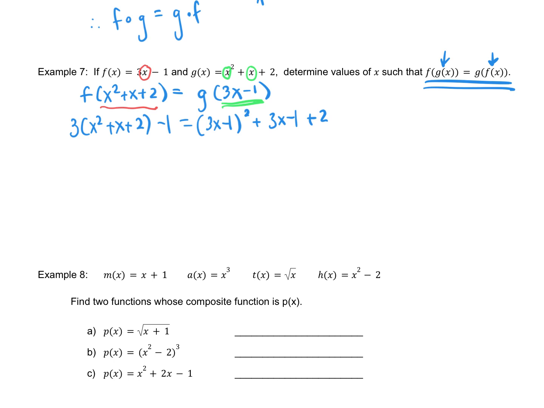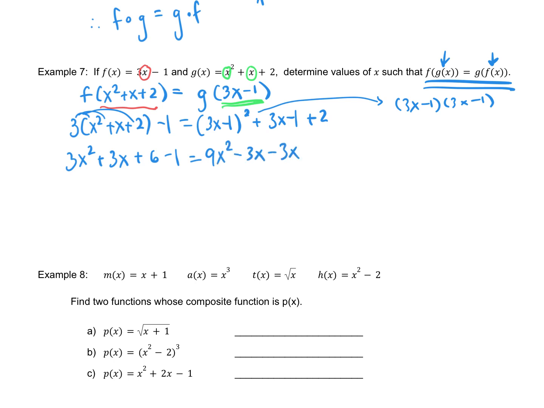And now I just have to do some cleanup. So distribute the 3 in. And then for 3x minus 1 squared, remember, you are writing the bracket out twice and doing distribution. So that's going to be 9x squared minus 3x plus 1, and then I'll write the rest. And now collect your like terms.